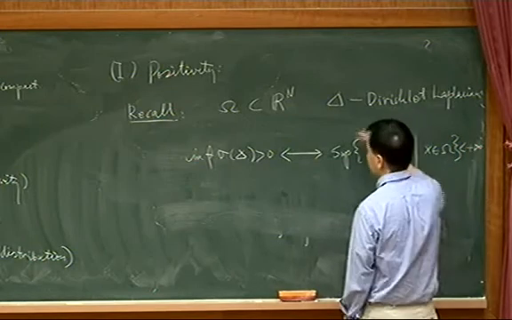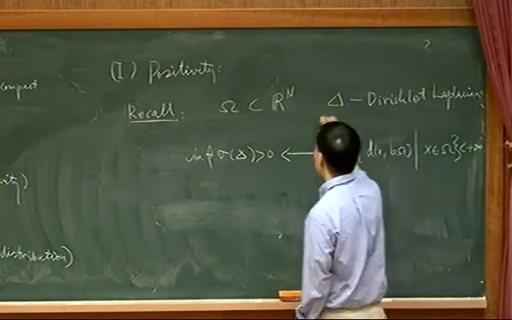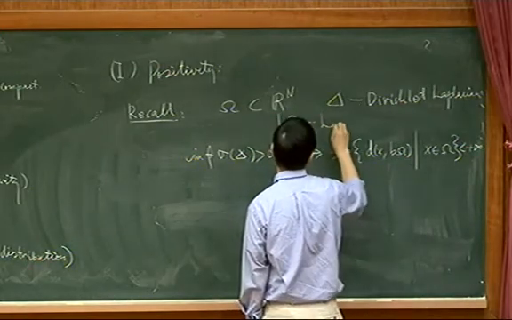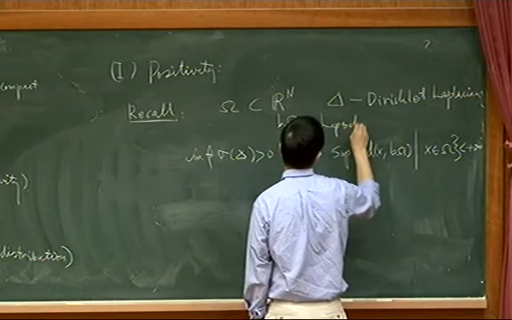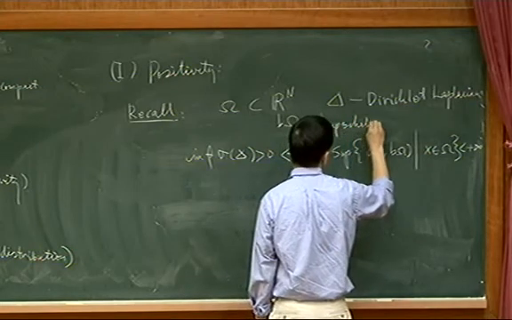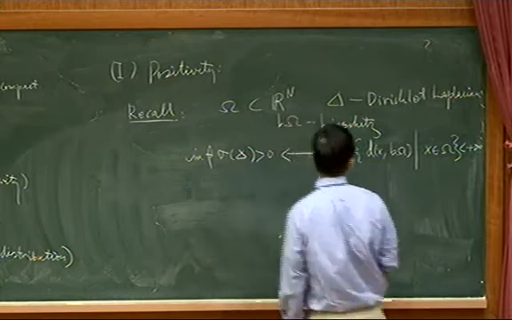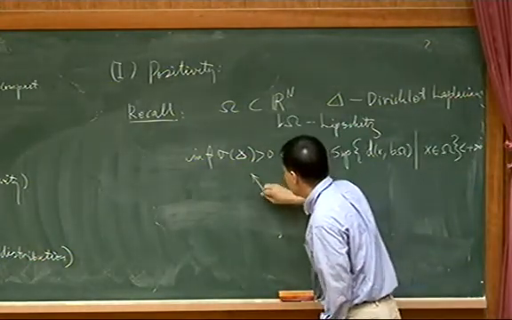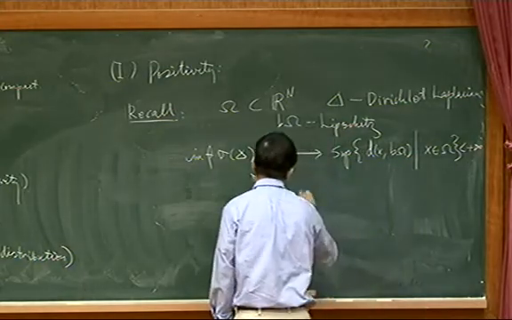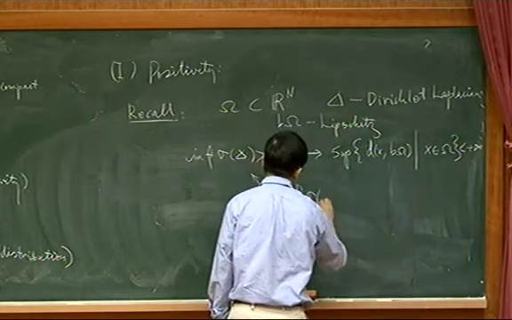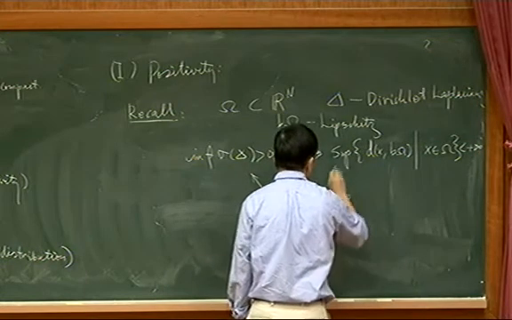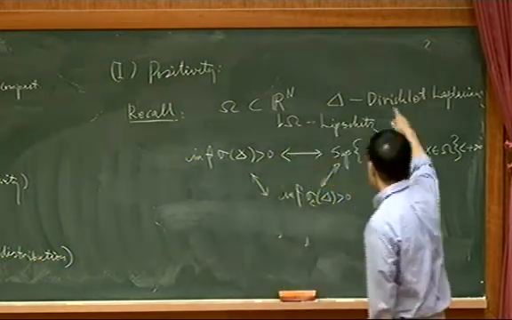Let's assume for this problem that omega has Lipschitz boundary. Then this is also equivalent to the infimum of the essential spectrum being positive. So all these three conditions are equivalent.